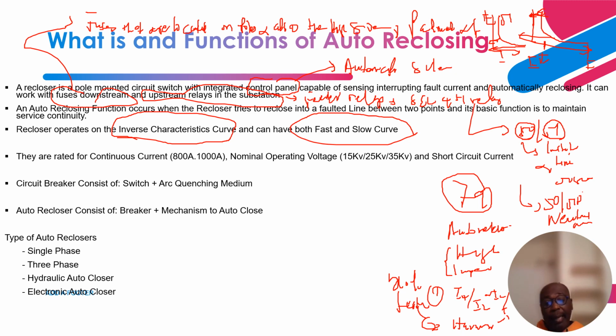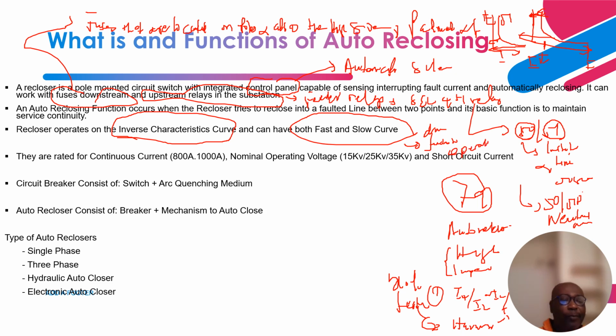The fast curve comes into play when it initially tries to open and close, because initially the recloser operates on a fast curve to make sure that it is a temporary fault. But when it determines that it is a permanent fault, that is when it shifts to a slow curve to allow the downstream fuses to operate.